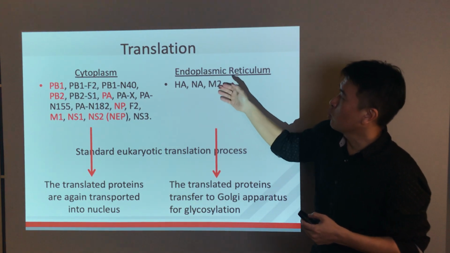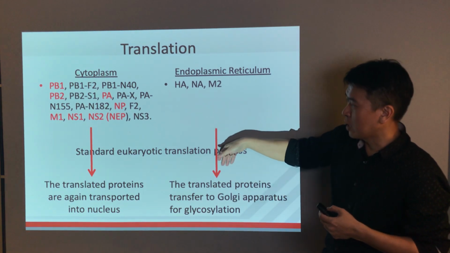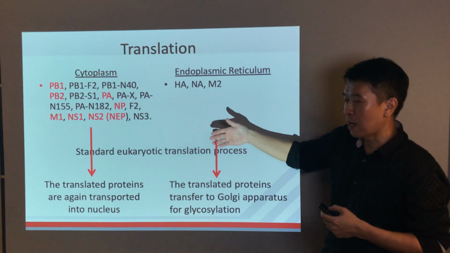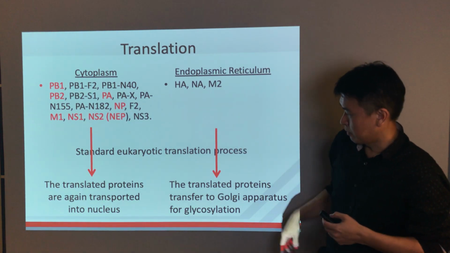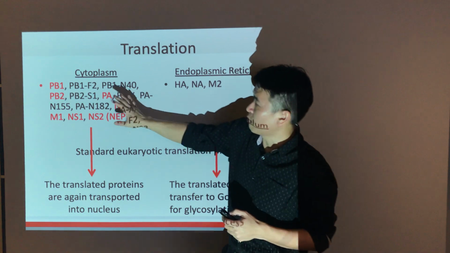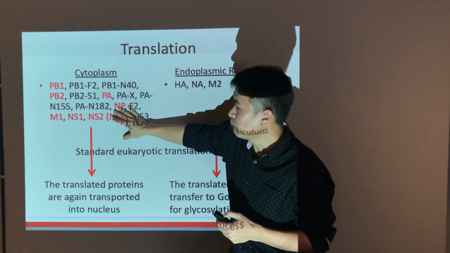So these three will go through the ER, the Golgi apparatus, the trans-Golgi network, and then be displayed on the surface of the host cell. Whereas the rest of these proteins will be translated in the cytoplasm.